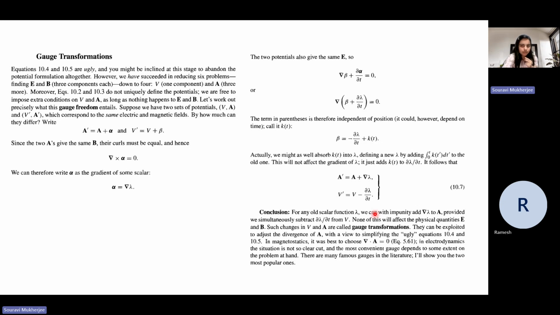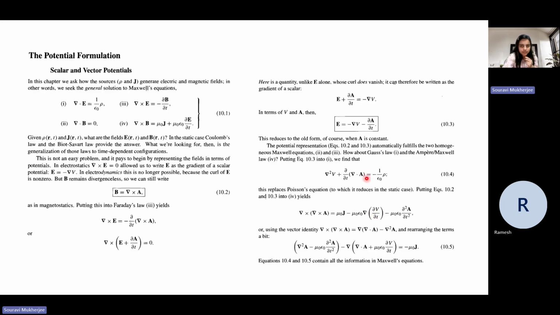Now, if this is possible, we can make some modifications so that these equations become simpler. For the first case, you can take your A to be divergenceless. Then this becomes a much simpler equation, like Poisson's equation.